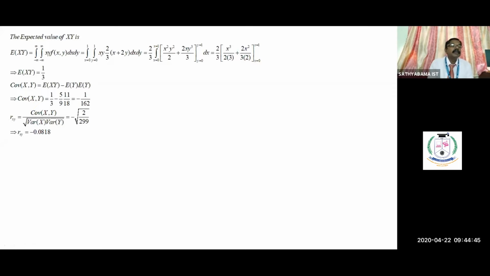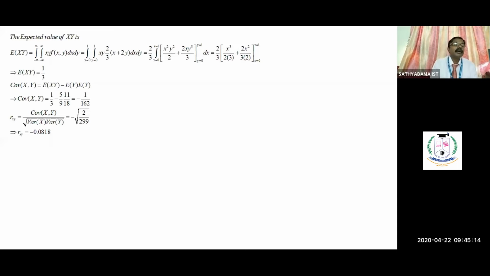E of xy equals the double integral, because there are two variables, bivariate variable xy, with limits minus infinity to infinity. E of xy means xy into f of xy dx dy. So we have to integrate with respect to both x as well as y, x limit 0 to 1, y limit 0 to 1.